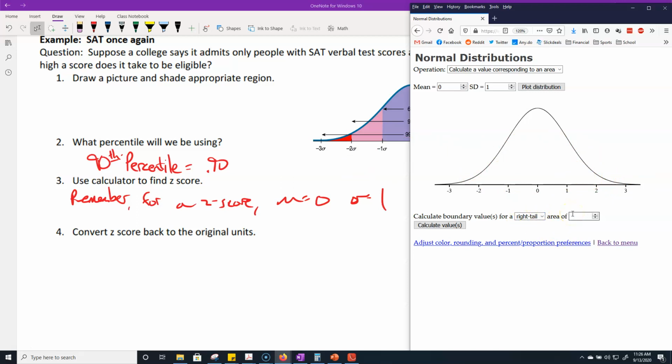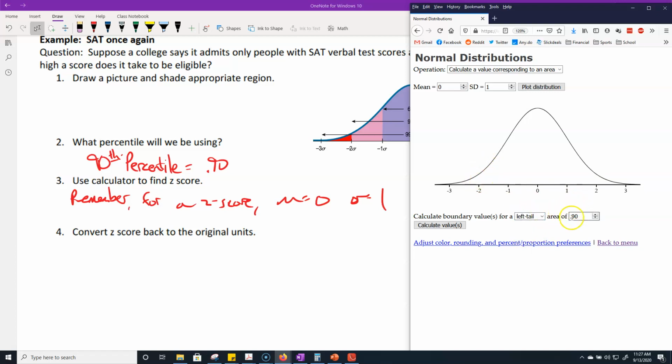So if we want the 90th percentile, we want the percentage of people that scored less than 90% of people, 0.90. So this means 90% of people scored less than whatever we get. If I wanted 90% of people scored greater than, I would do a right tail, and that would be way over here somewhere. If 90% of people scored greater, it'd be a really low score, right?